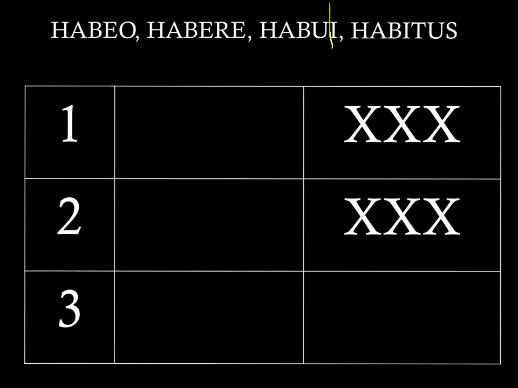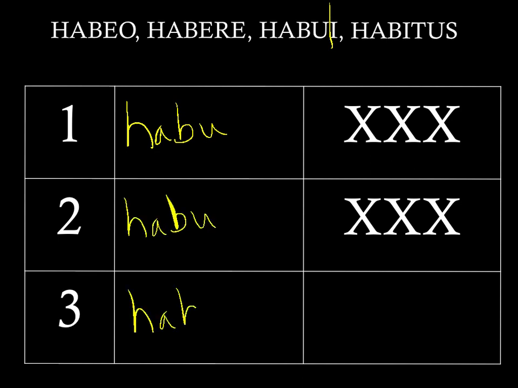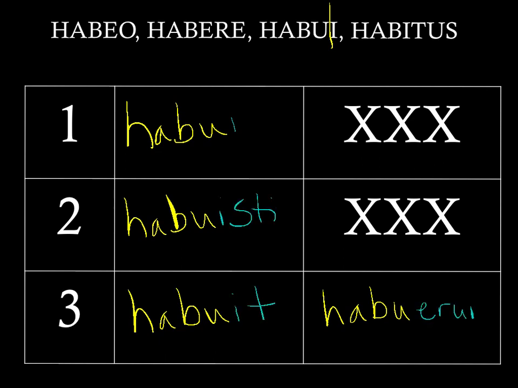Same thing here, the stem is habu, so you can write habu 4 times, and then we're just going to add those exact same endings. E, isti, it, and erunt. Done.